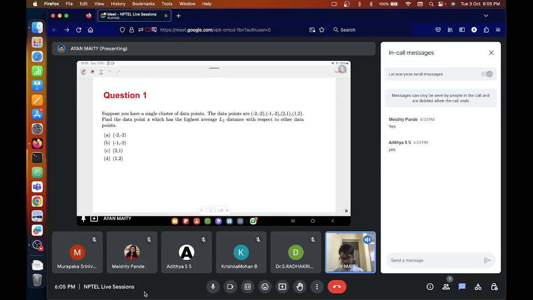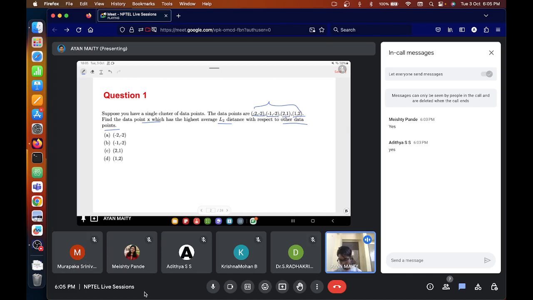So this is the first question. Suppose you have a single cluster of data points. The data points are (-2, -2), (-1, -2), (2, 1), (1, 2). These are the 4 data points. Find the data point x which has the highest average L2 distance with respect to the other points.